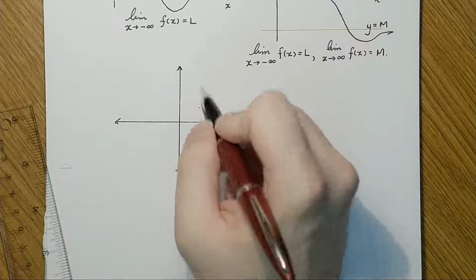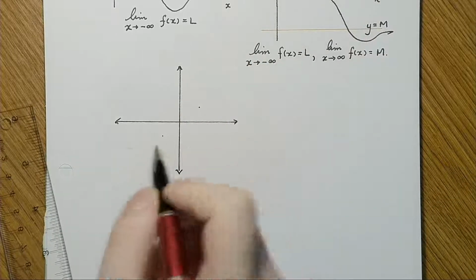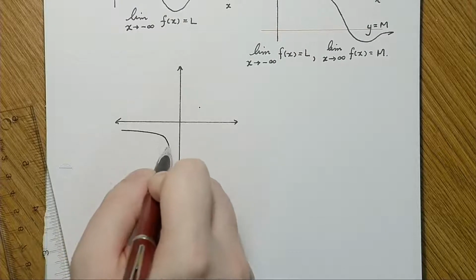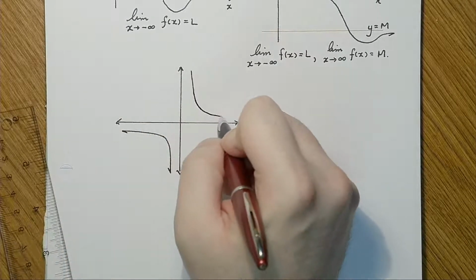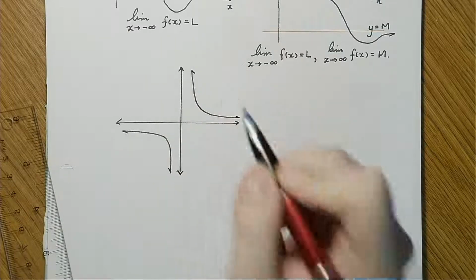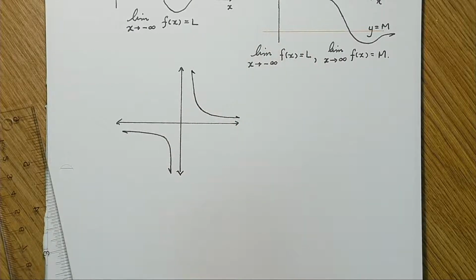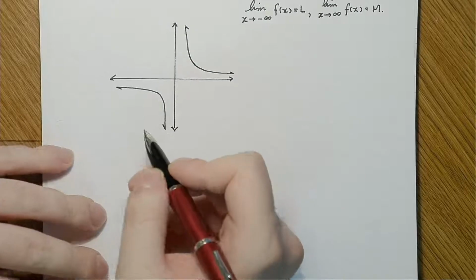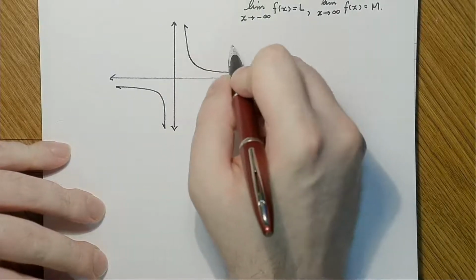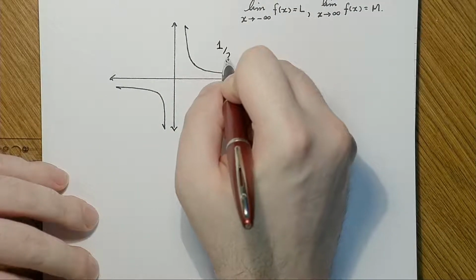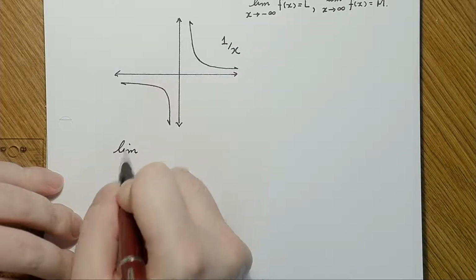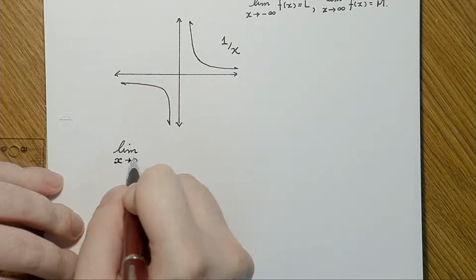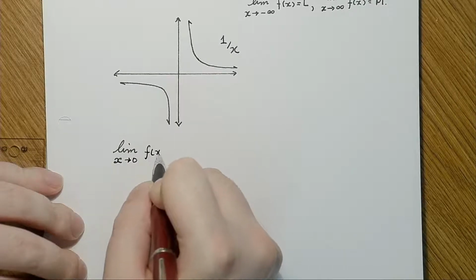So we have our 1 over x, something like this. Well, there's our function, 1 over x. Now, again, from our previous lectures, we knew that the limit as x goes to 0 of f of x.